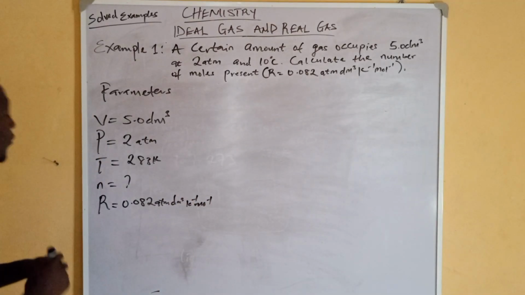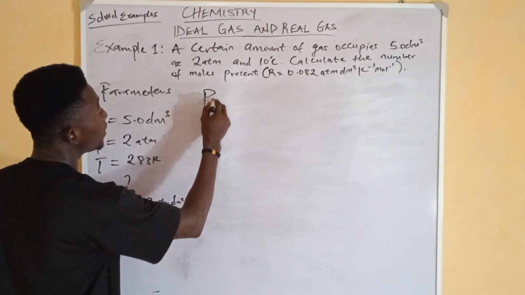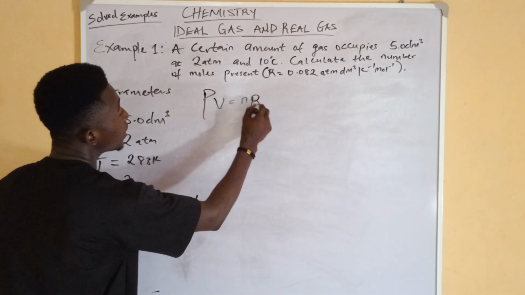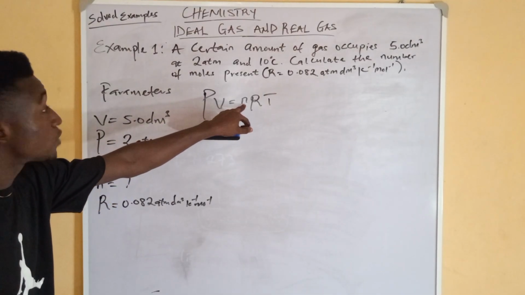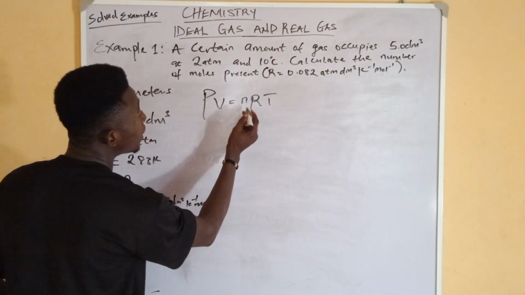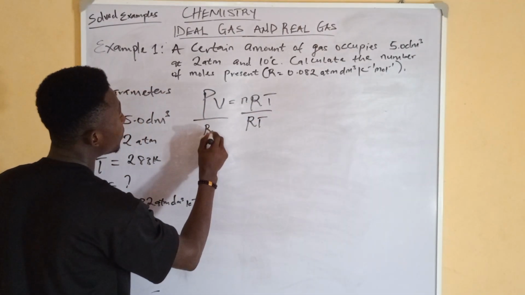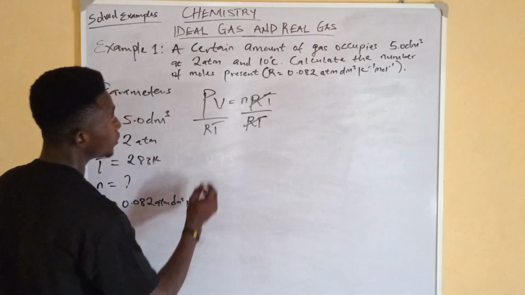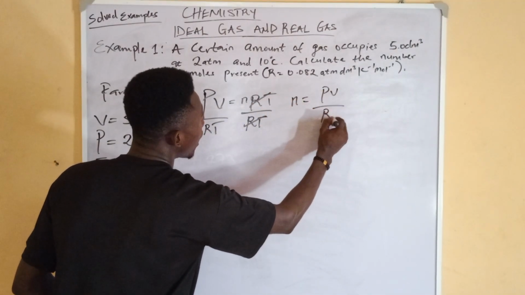So from our ideal gas equation, we have PV equals nRT, but we are working with n, that is what we are asked to calculate. So we make n the subject of the formula: divide by RT, R cancels, so we have n equals PV over RT.